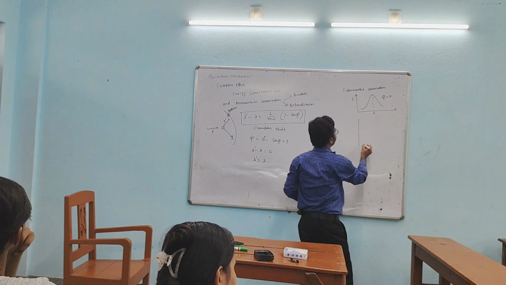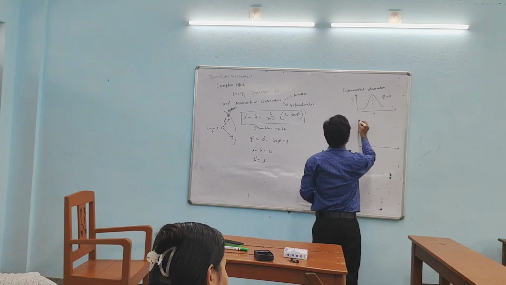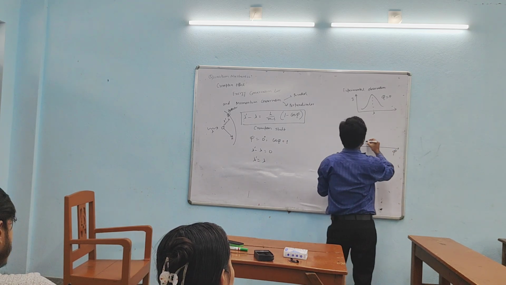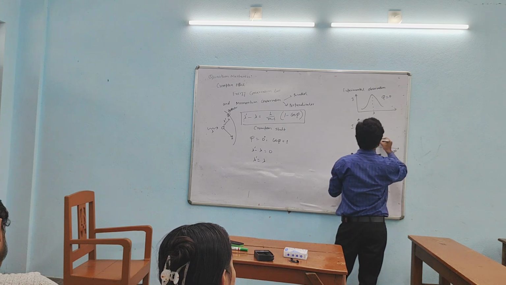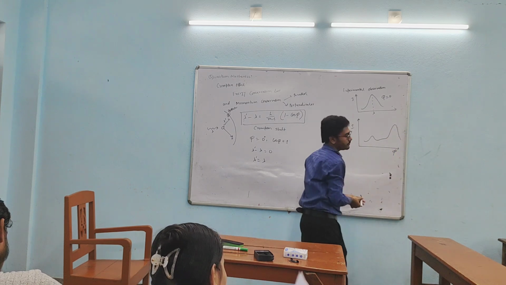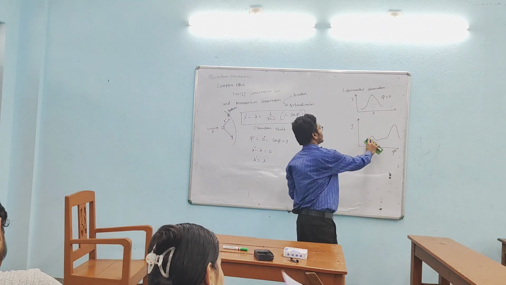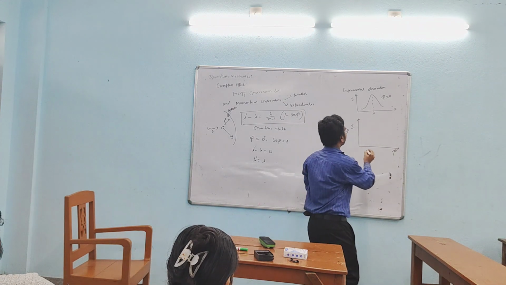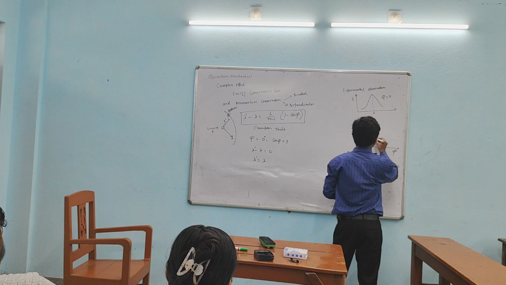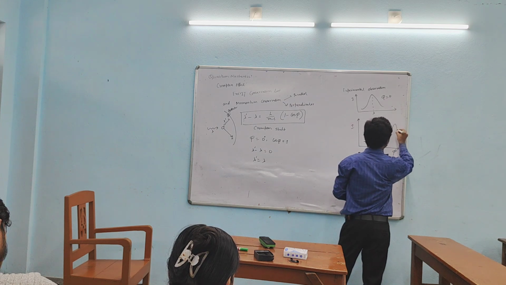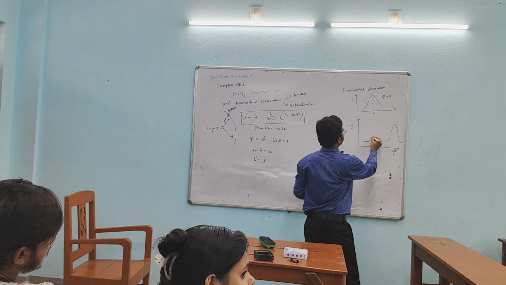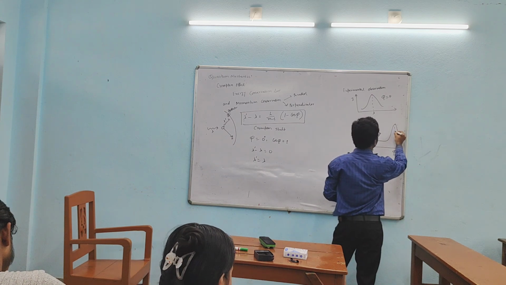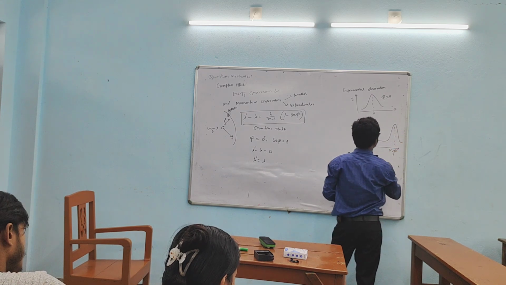But if we increase phi, then it will divide into two parts. This is lambda, and this is lambda dash.